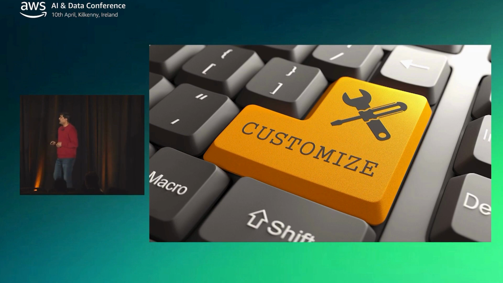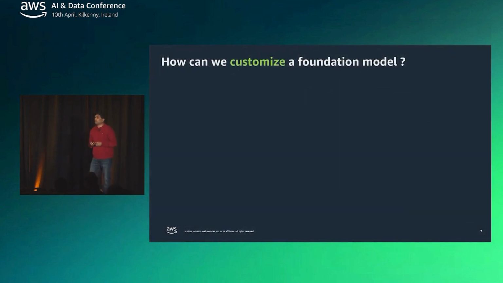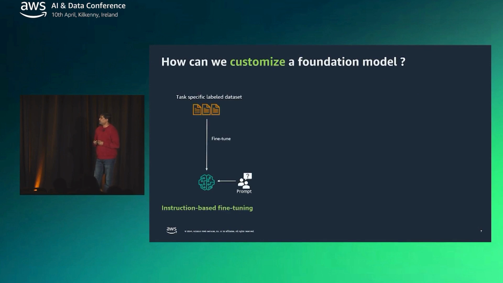Okay. So how can we customize our model? The first way to customize is using fine tuning, which is similar to this. In the example I gave, that kid is now able to identify what is a positive and negative sentiment.